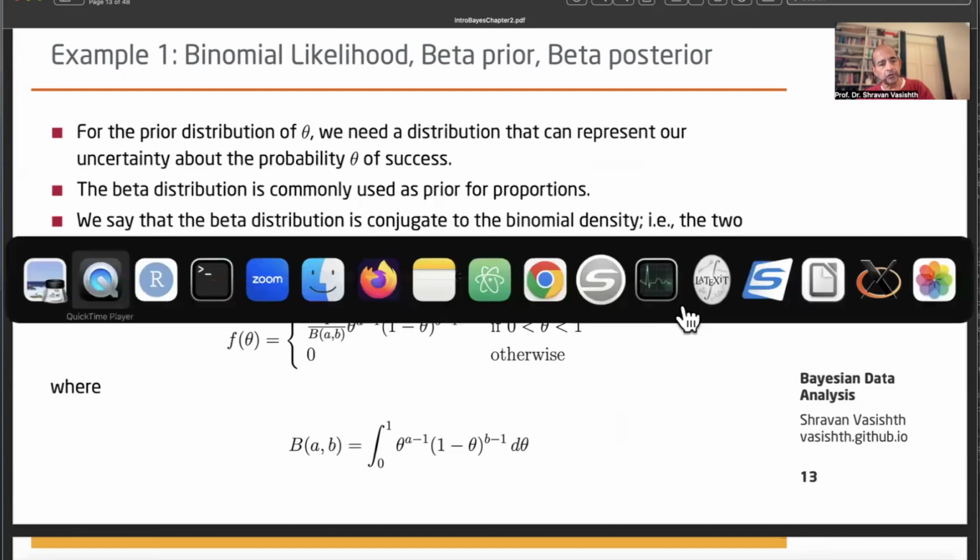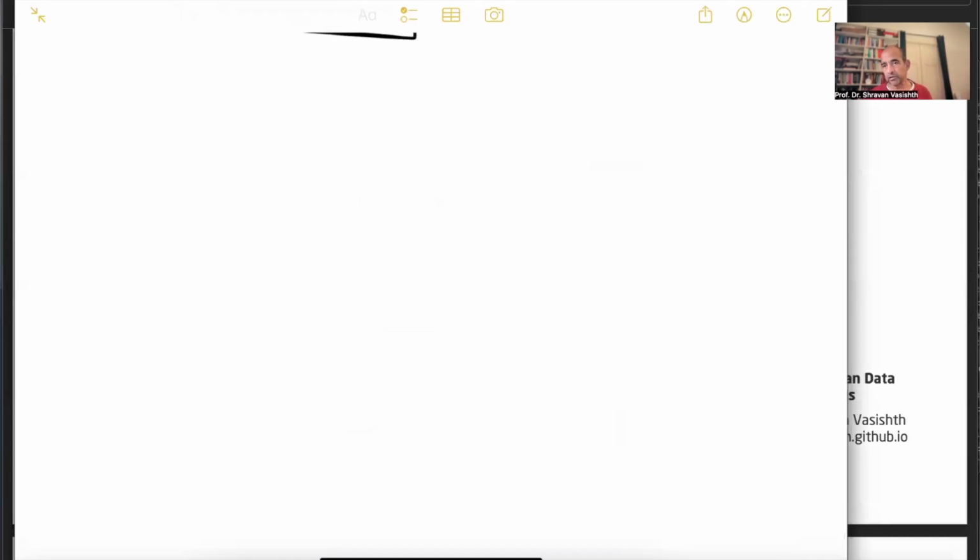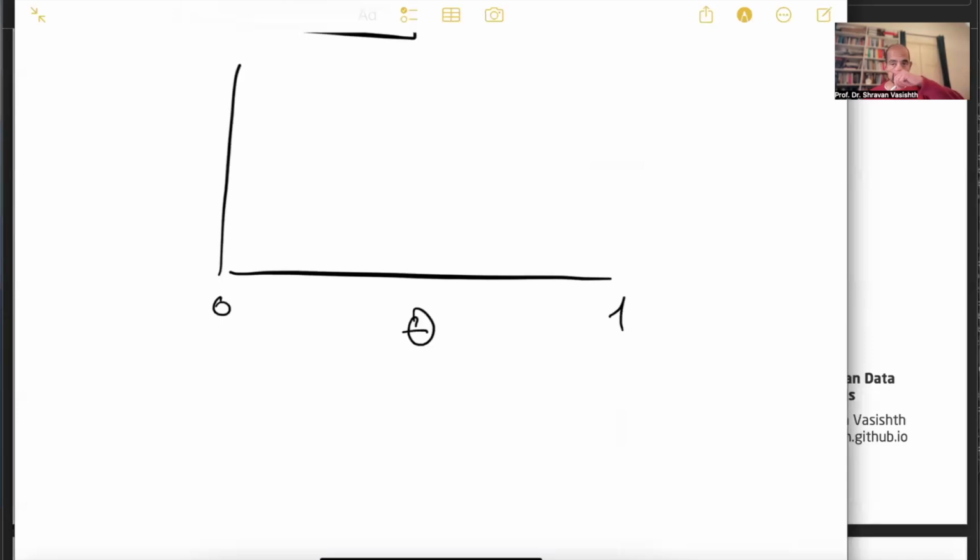We know that the range of theta has to be between 0 and 1. So what we want to do is describe some probability density function that represents our uncertainty about theta before we've seen this particular data of 46 successes in 100 trials. So we are deriving the prior distribution for theta before actually seeing the data.